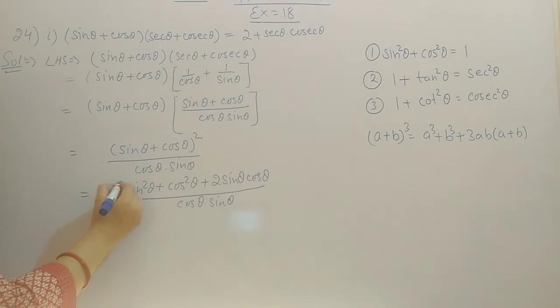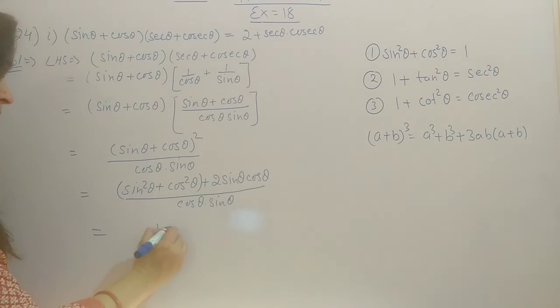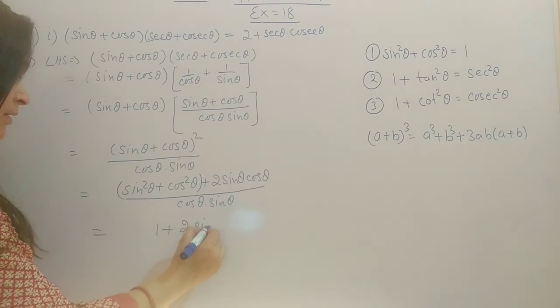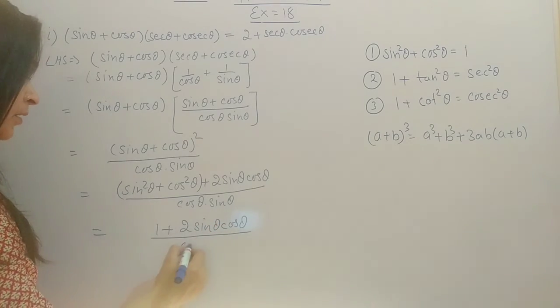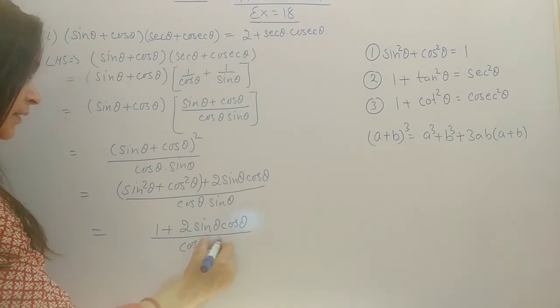Now from the first identity, sin square plus cos square will be 1, so it will become 1 plus 2 sin theta cos theta by cos theta sin theta.